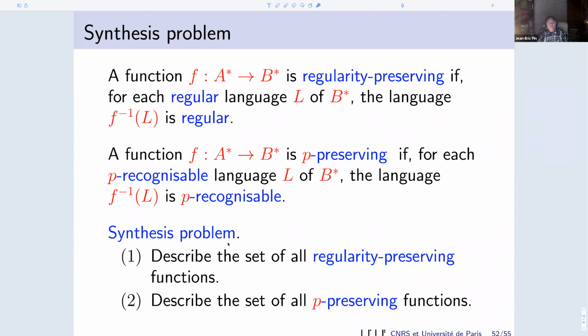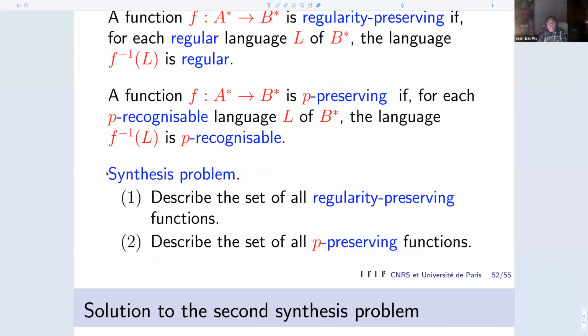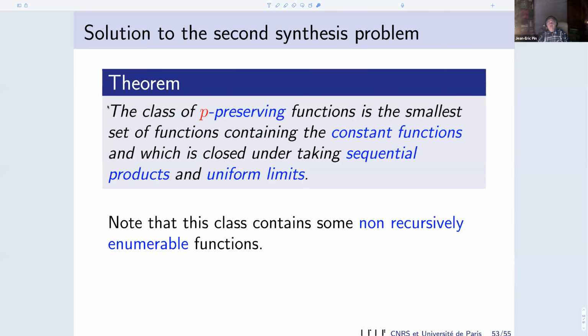The synthesis problem is to describe the set of all regularity preserving functions, or the set of all P-preserving functions in this case. The first problem is still open, but for the second one, the solution is given by this.